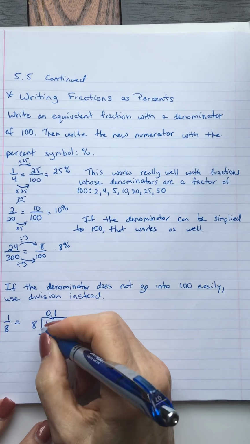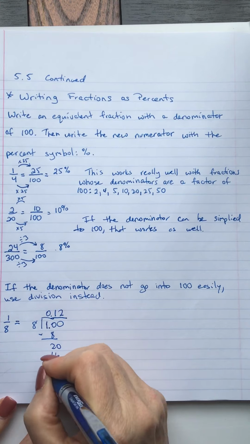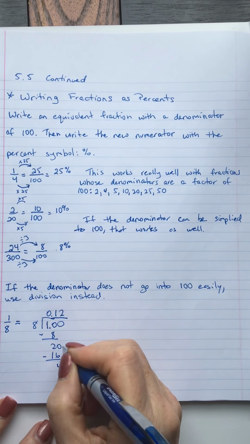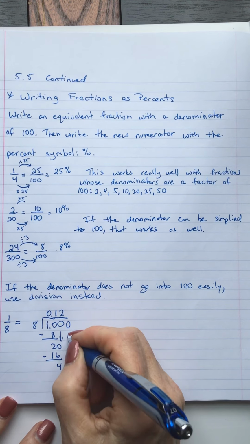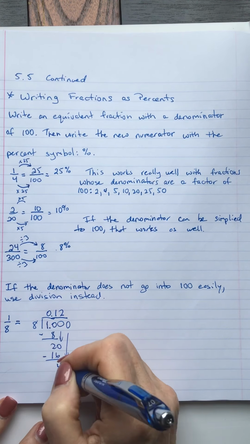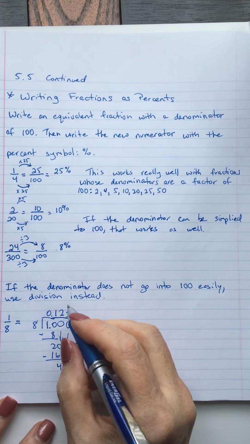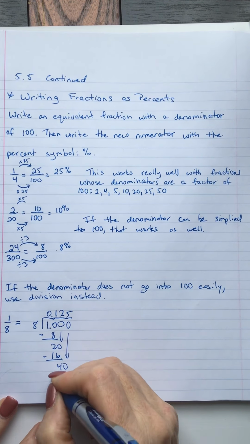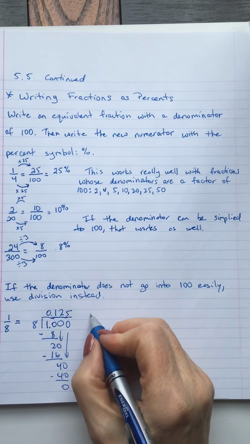Get 20. 8 goes into 20 2 times. 2 times 8 is 16. Subtract. Let's add another 0. 8 goes into 40 5 times. So 8 times 5 is 40, and we get nothing, so we're done.